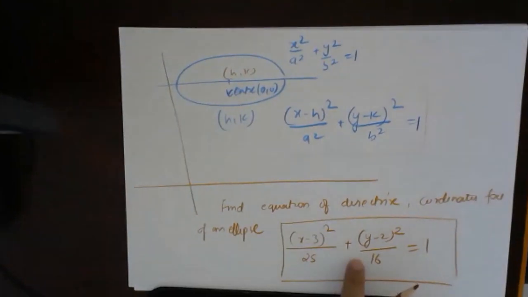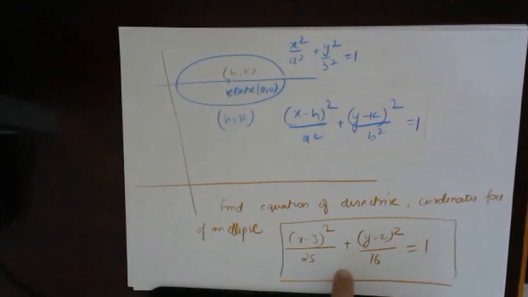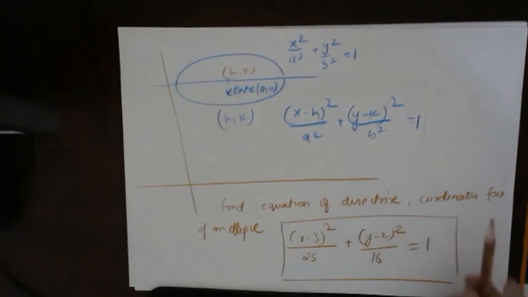This is what kind of an ellipse? One whose major axis is parallel to the x-axis. The major axis is not the x-axis but parallel to the x-axis. Okay, so find out the directrix and the coordinates of foci.